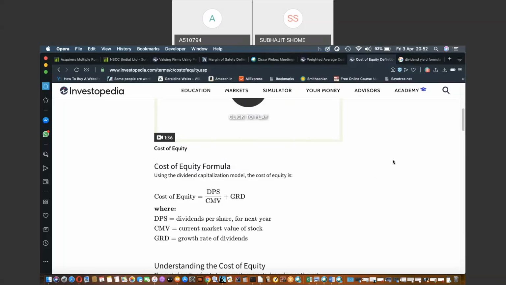So the whole thing will become 0.102 only, the same as COE, because the other expression is 0 since debt is 0.